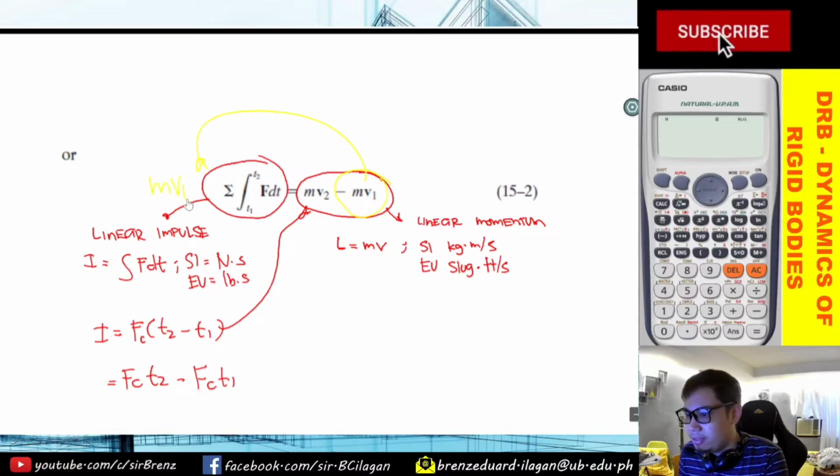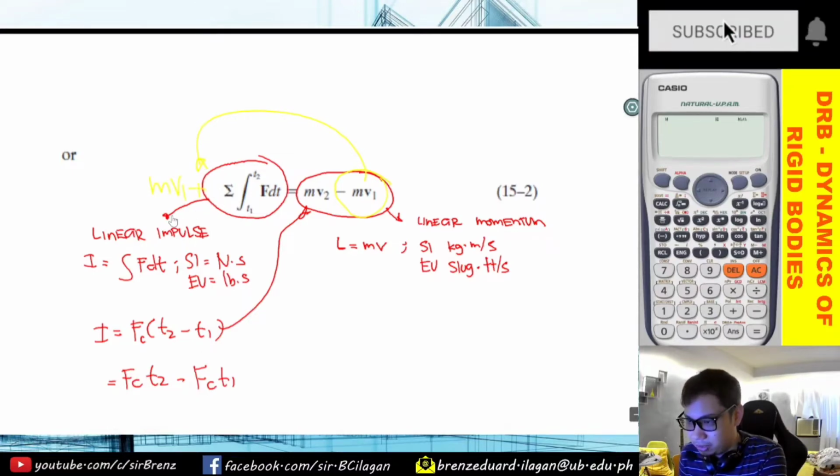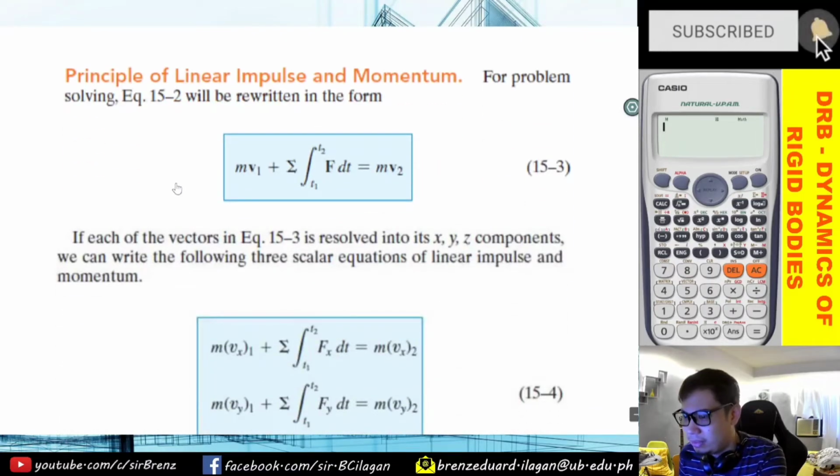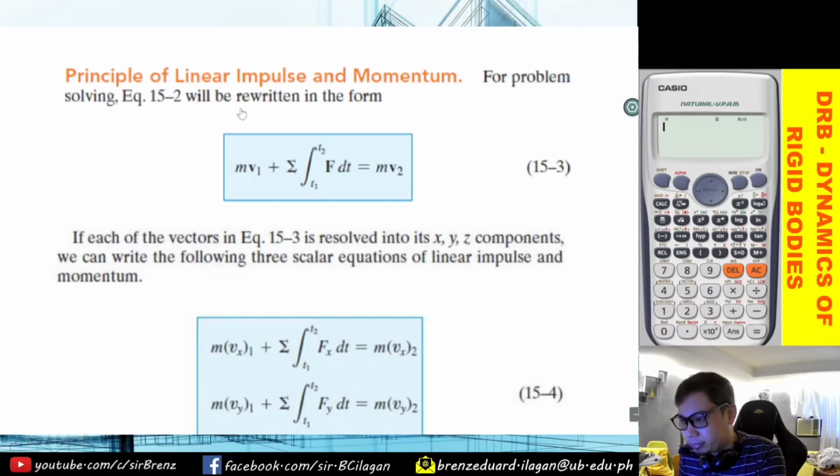Or mv1 plus the summation of the impulse. Okay, it's the same equation, he just rearranged it.